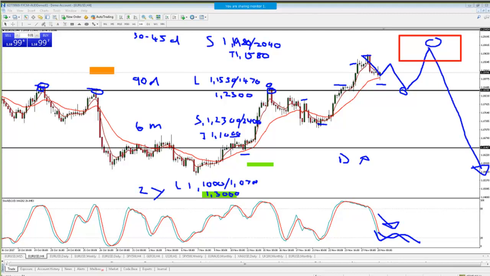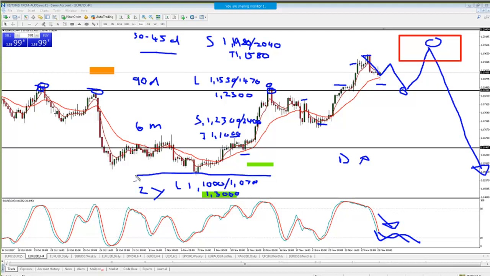So, to sum up, we've almost chewed up our whole time. Short-term plan, 1980 to 2040, looking for 1580. Medium term would be a 1550, 1470 long, looking for 123. And then 123 short, looking for 110. And then 110, 107, looking for 130.